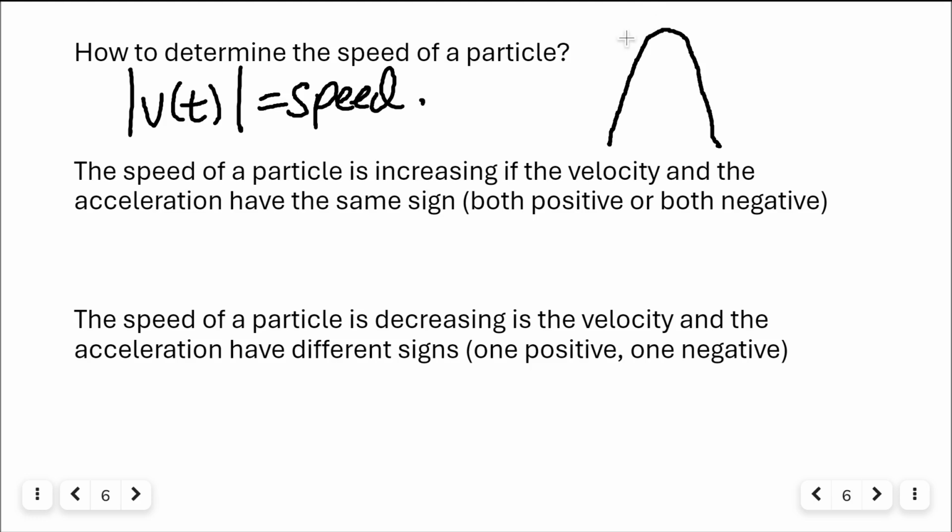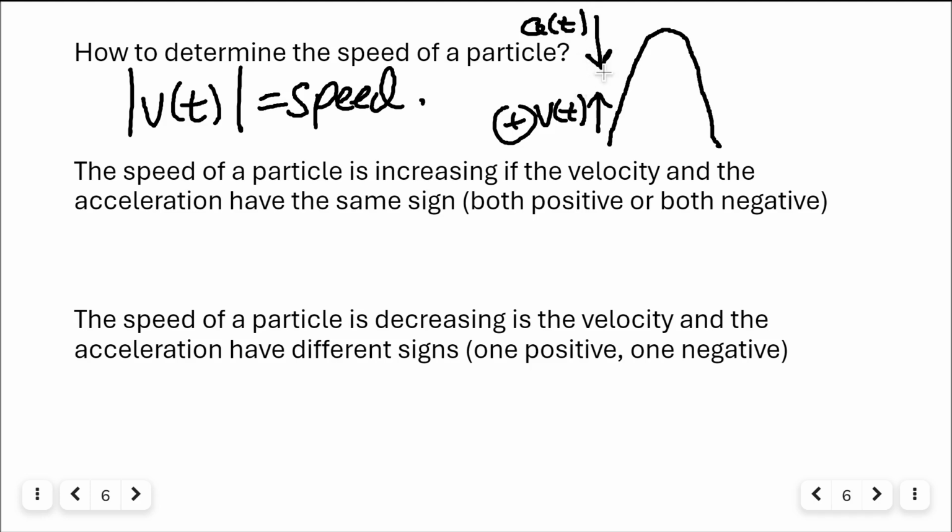Why is the speed slowing down? Well, that's because the velocity is positive, okay? The velocity is positive because the ball is going up. But in the meantime, the force acting on it is the acceleration. That's gravity. But gravity acts down.